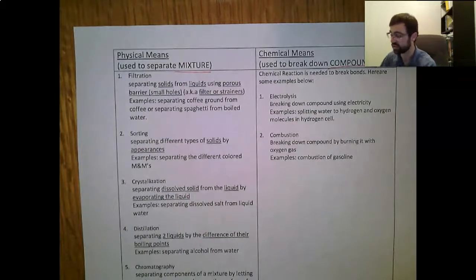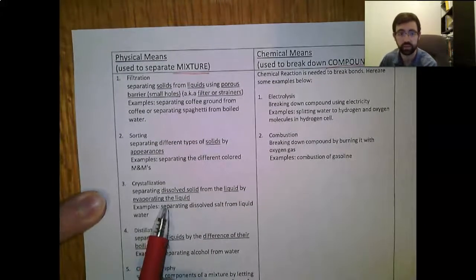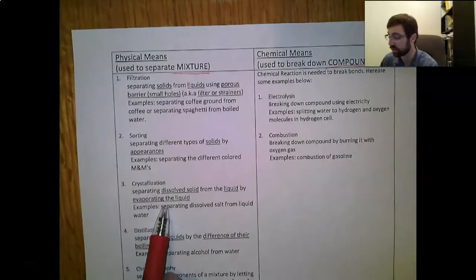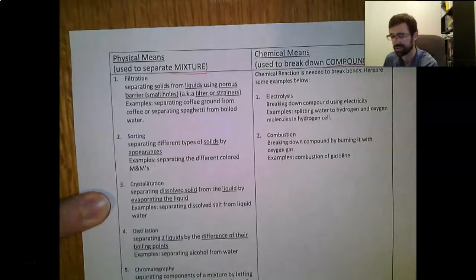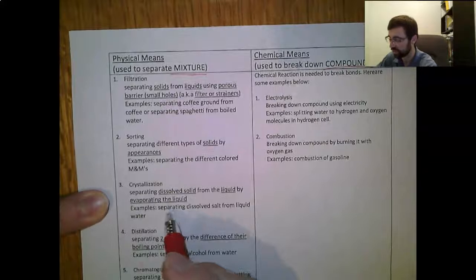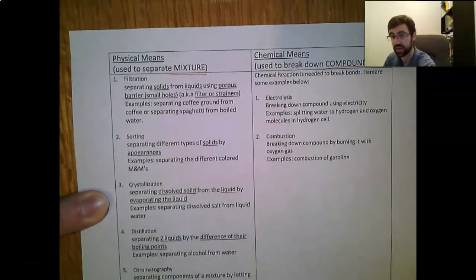Then we get to crystallization. This is a method that we can use to separate out components of a solution or a homogeneous mixture. It could probably be used for separating a lot of heterogeneous mixtures too. But this is the first one we've come to that could help us to separate a homogeneous mixture.